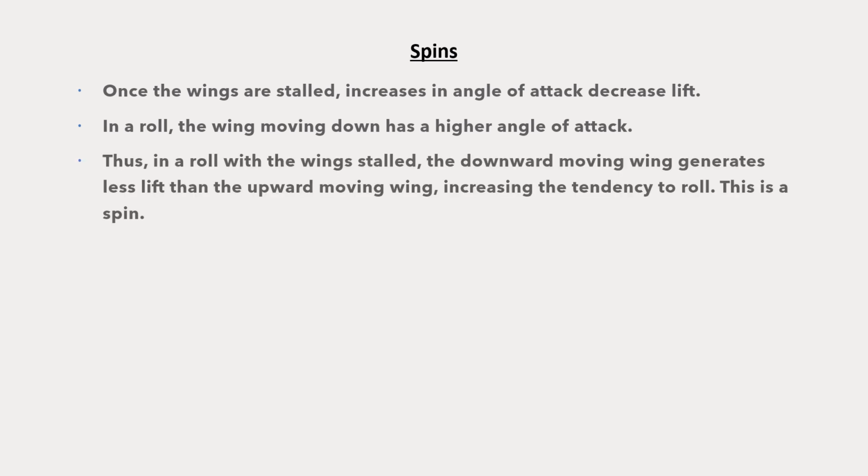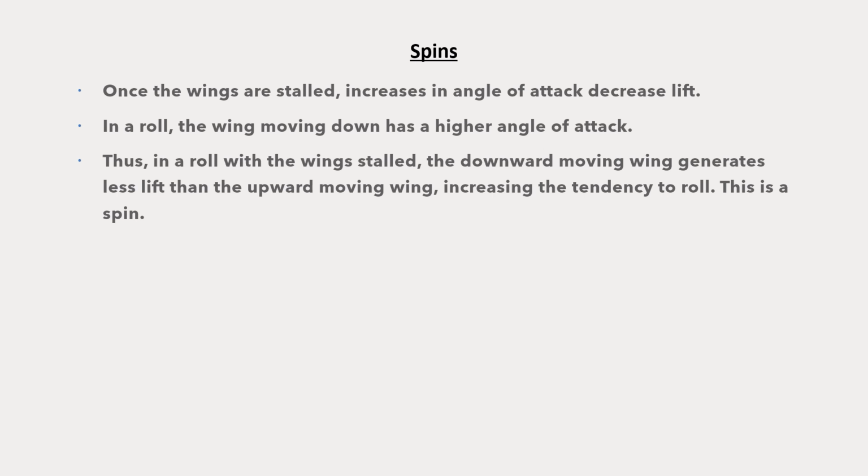Once the wings are stalled, increases in angle of attack decrease the lift. It's opposite to the normal behavior. If your aircraft is rolling when the wings are stalled, the wing that's moving down has a higher angle of attack than the wing that's moving up. So it is generating even less lift, and less lift on that wing tends to accelerate the roll rate.